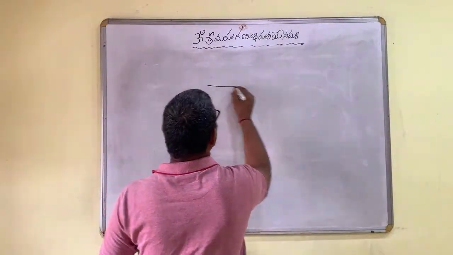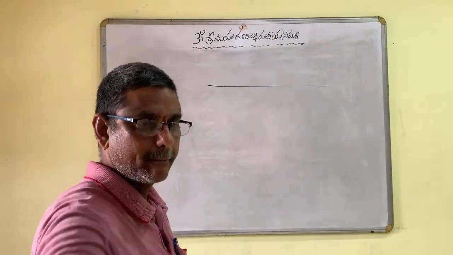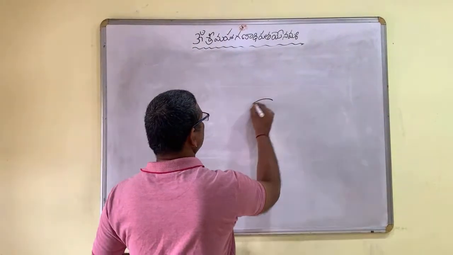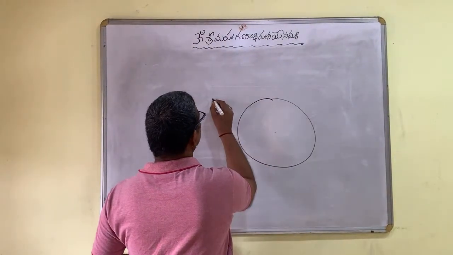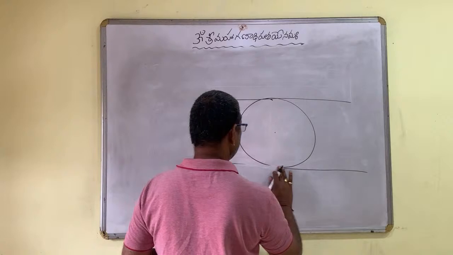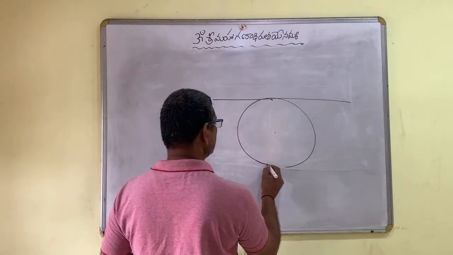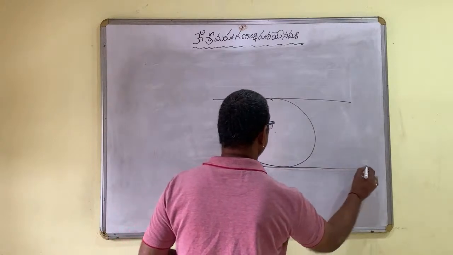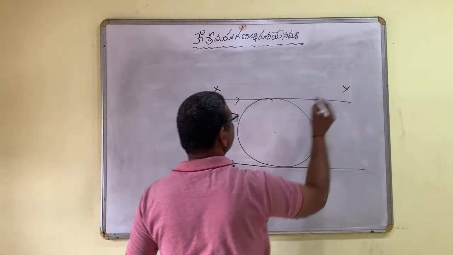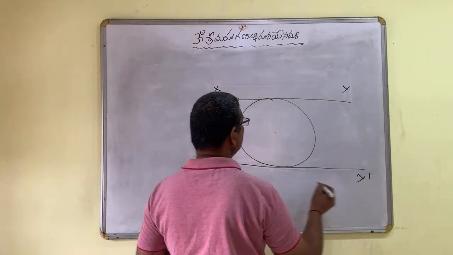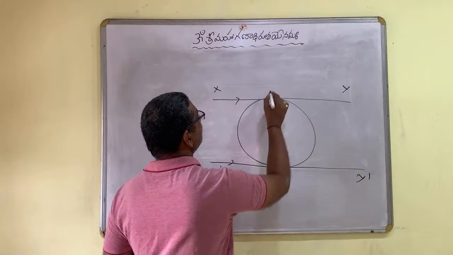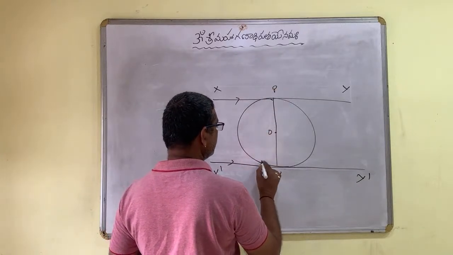There is a circle with center O and two parallel tangents, XY and X dash Y dash, and POQ is the diameter.